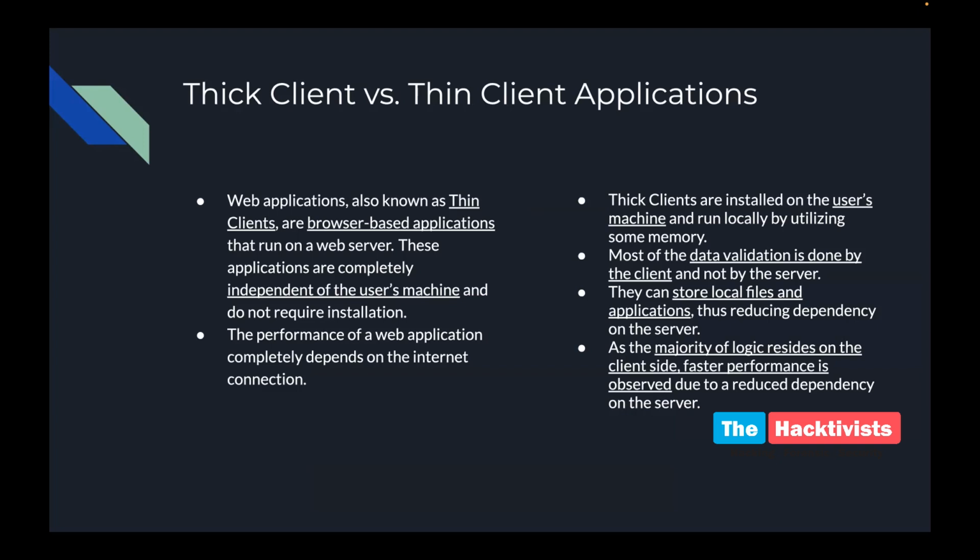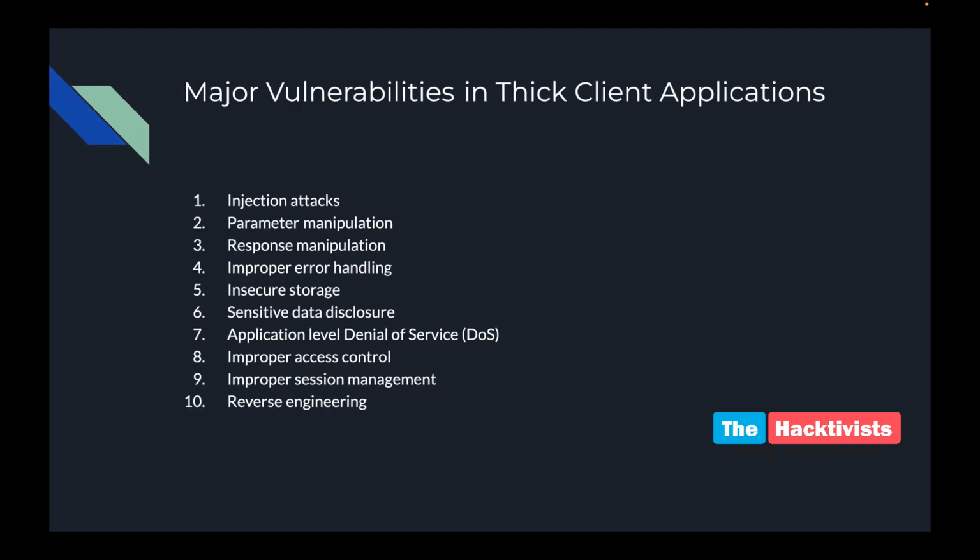For thin clients, we require internet access. For many thick client applications we might not, because they are just locally available. Thin client applications are totally dependent on the backend server; thick client applications are not. Many times most of the data will be in the front end, and it can conduct all of those things.